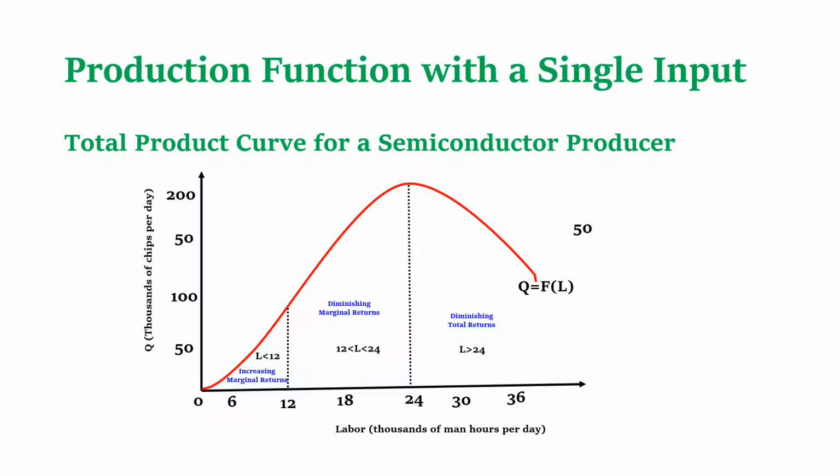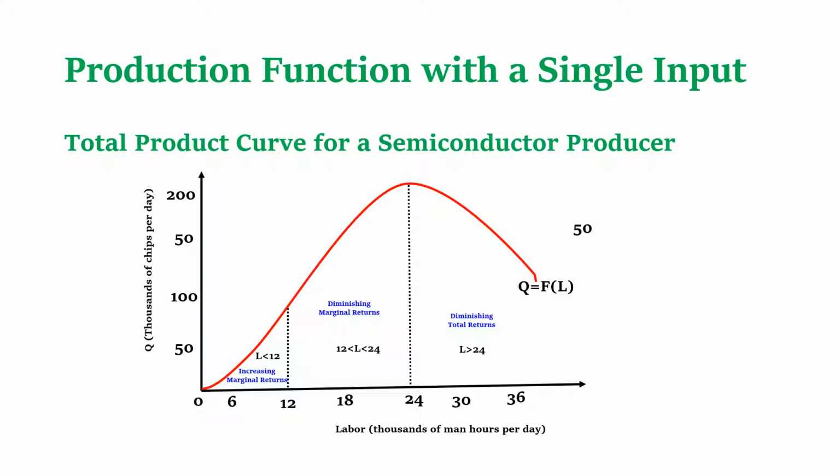Because you have many workers with different skills specializing in different activities, we expect production to increase at an increasing rate. We don't have a situation where few employees are doing multiple tasks to produce a given level of output. This occurs in the first region, between L equals 0 and L equals 12.